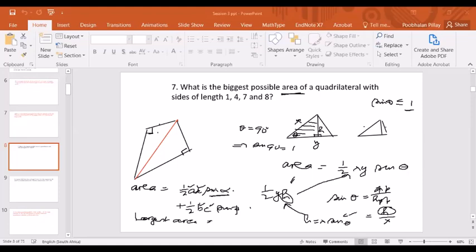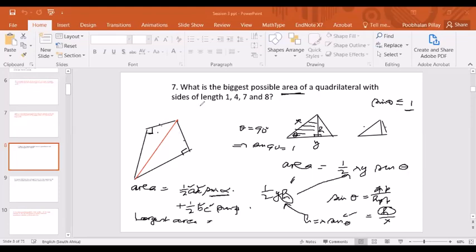Now, is it possible? We need to put in our numbers 1, 4, 7, and 8 here. By Pythagoras, this red line squared is equal to this squared plus this squared, and the same red line squared is that squared plus that squared.